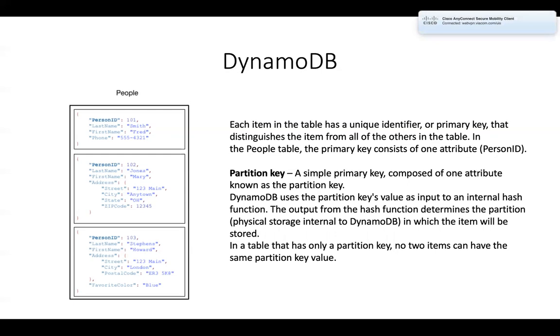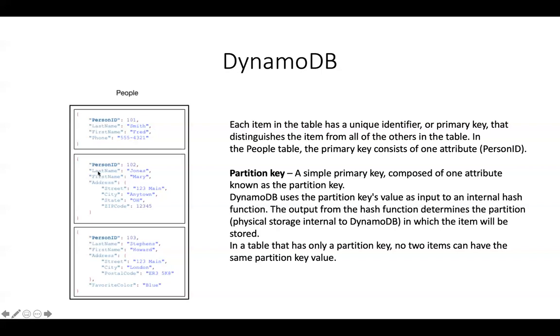So in a table that has only one partition key, no two items can have the same partition key value. So I can't have a person ID with 101 and another item in the table having person ID 101 again over here, right? That's not possible. So no two partition key values can be the same, or you could call it no two primary key values can be the same. It has to be unique in nature, right?